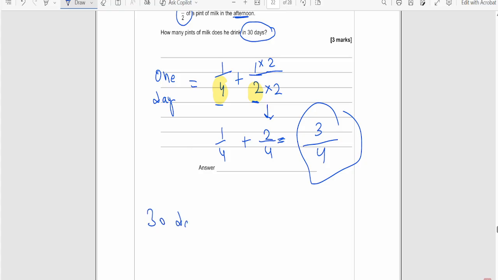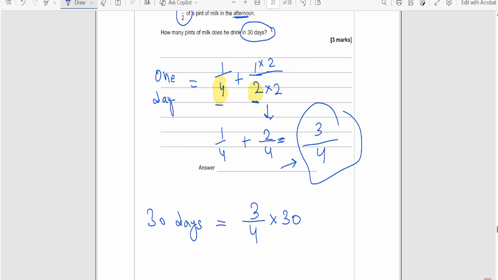What do we need to do? 3/4 of 30. Yes, 3/4 times 30. We would multiply, to find the total amount of milk consumed in 30 days.